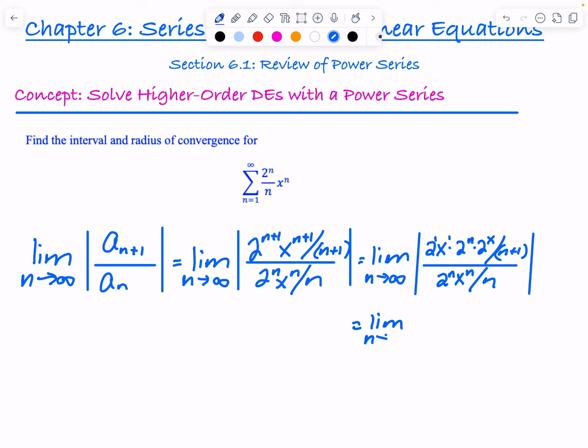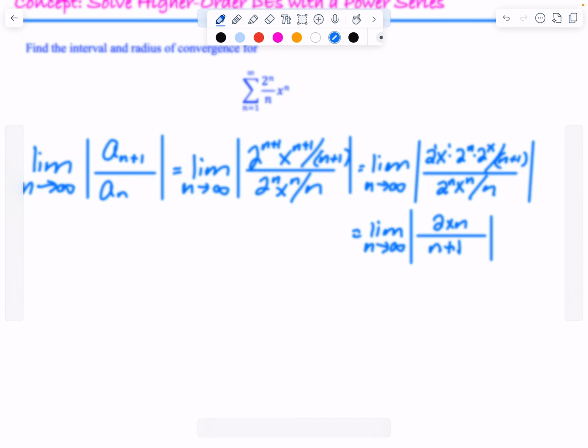So I have the limit as n goes to infinity, and we're going to be left with on top 2xn over n plus 1. That looks kind of bad, so I'm going to fix it.